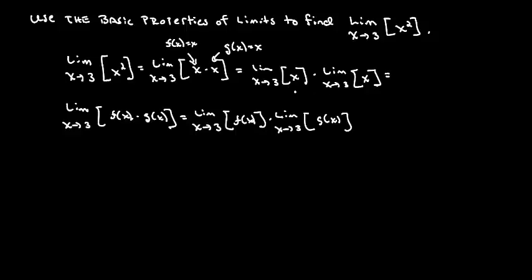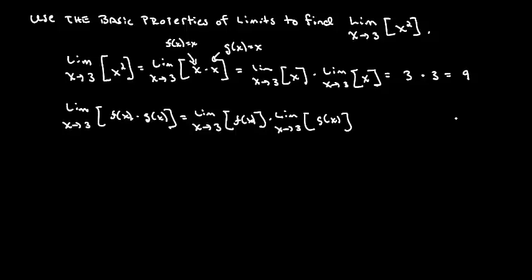And now for each of these guys, these are identity functions, and here we have an identity limit law which says that the limit of the identity function is equal to the limiting value that we approach. So the first guy is equal to 3, the second guy is equal to 3, and we're multiplying in between, so we get 9.